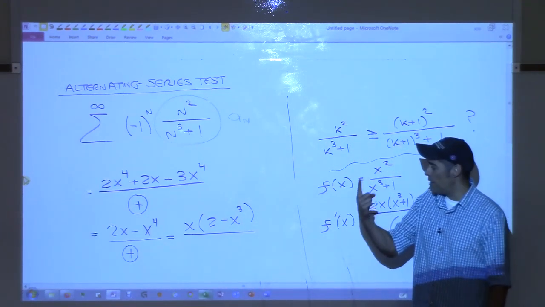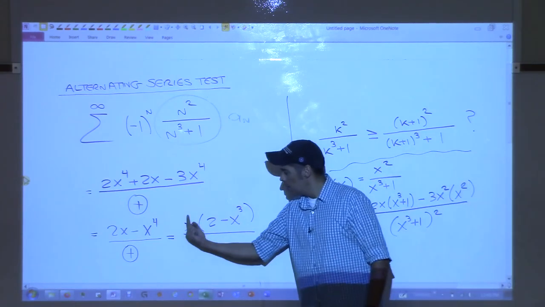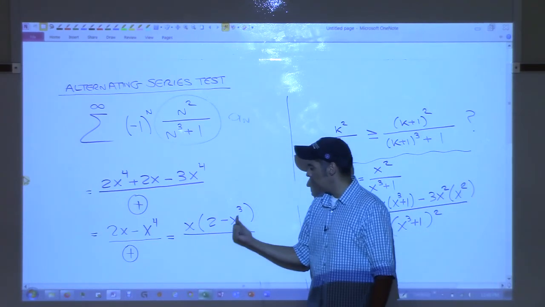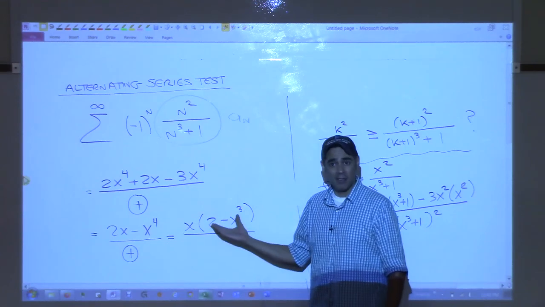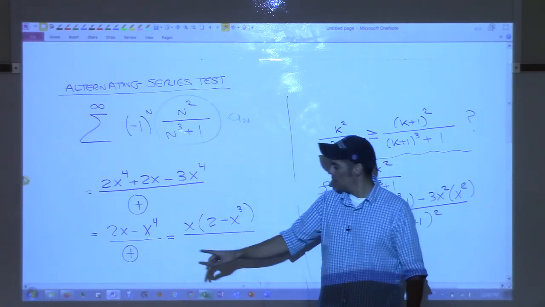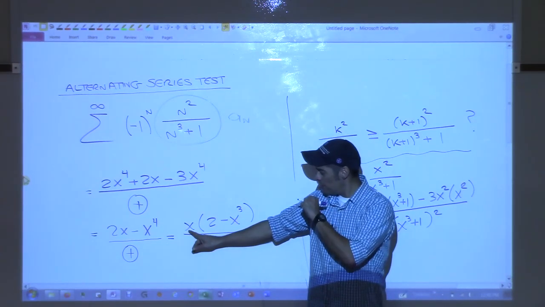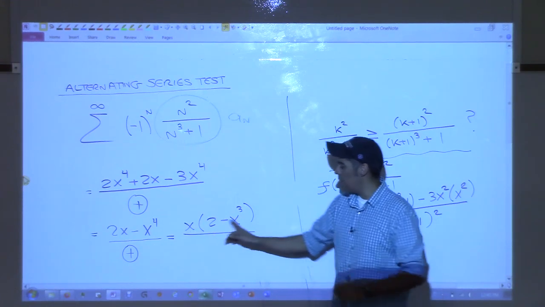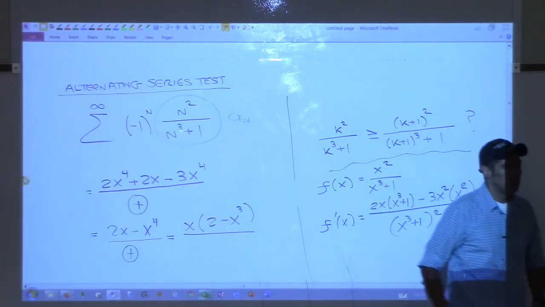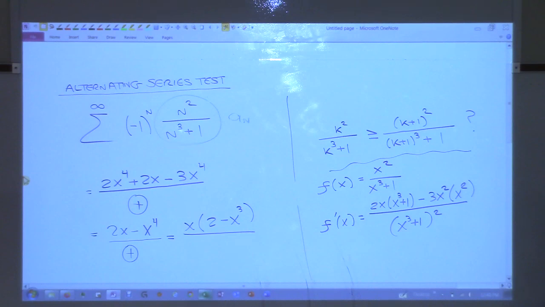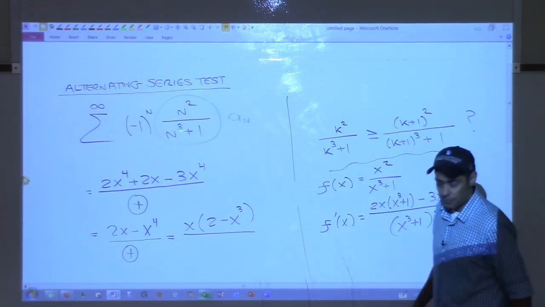When x is 1, you've got that times 2 minus 1, which is a positive number. But once you get past that, if x is 2, this is always going to be positive, and then this will always be negative. So our derivative is negative, eventually. And so it's decreasing. So we've satisfied both conditions. What does this series do? Converges. Okay.